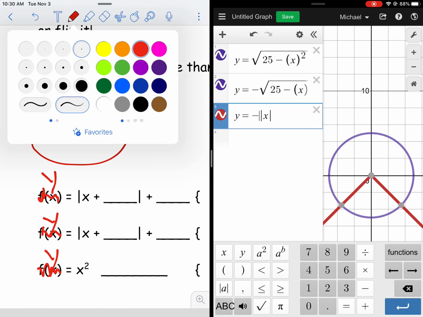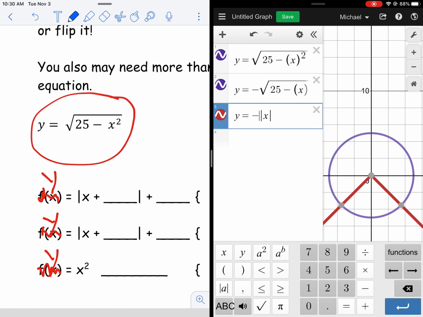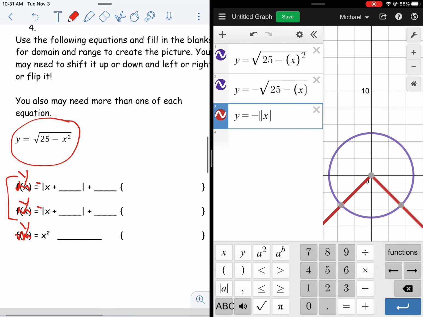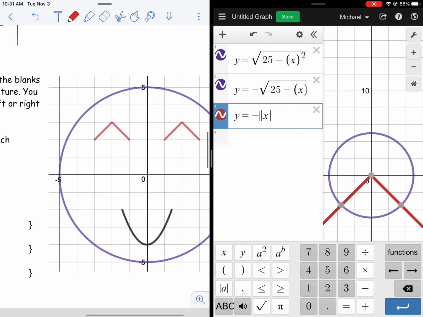I'm going to change the color to blue. Actually, I'm going to keep it at red because that makes sense, because these ones here are red on our graph. So negative out front to make them upside down. I know I have to do that for both of them, but now I need to move them left and right. If I look at the right eye, right here is that point that goes right 2, up 3.